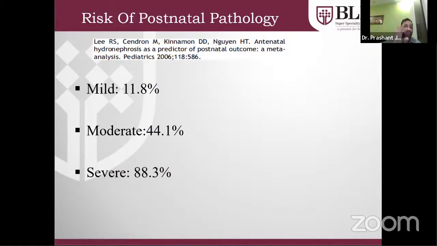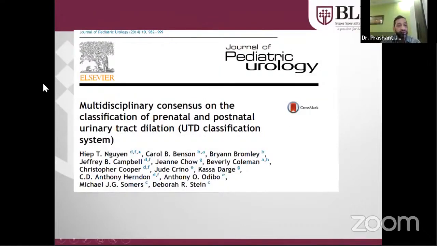So this is how the grading of hydronephrosis on the basis of AP diameter has helped us in classifying these patients and prognosticating these patients. Now, in the year 2014, it was again realized that we still have a lack of uniformity in the classification system. And it has been observed that various terminologies have been used, like pyelectasis, pelvic calyceal system fullness, or even hydronephrosis.